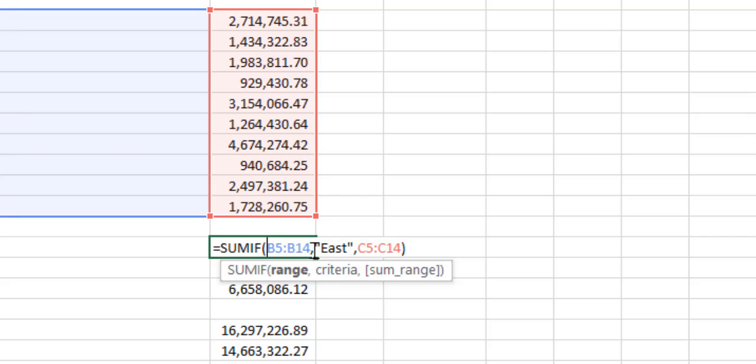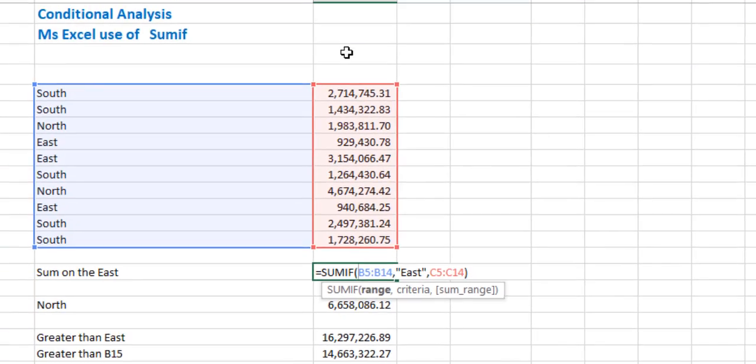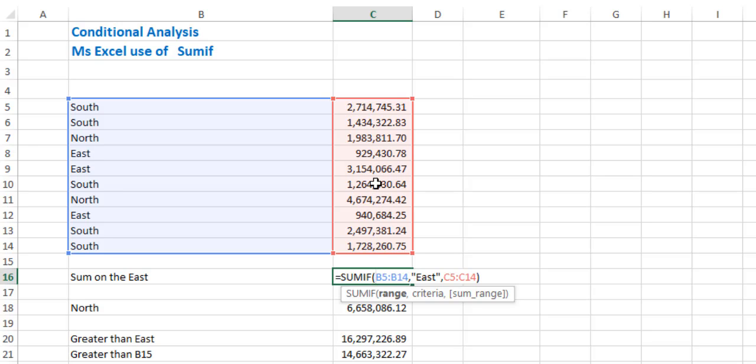We told Microsoft Excel that in this range locate the east, comma C5 colon C14, which is written in red and indicating this red side, and in this data find out the east side and then get the total. So with the help of this formula, if this side is east, then take the value and total it.